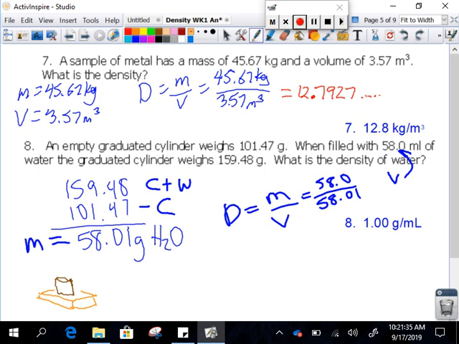And we're only allowed to use the first 3 significant figures, and after the third significant figure, we have to drop everything off. So after those first 3 significant figures, I have to round the 9 and the rest away. That's why it rounds up to 12.8. Density is kilograms per volume, kilograms per cubic meter.